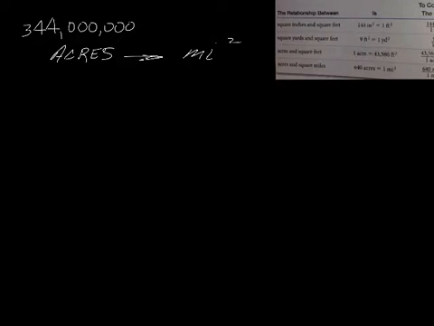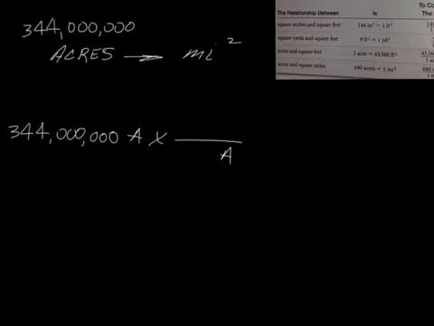So again, we're going to write 344 million, and I'm going to just use the letter A for acres. I'm going to make my times sign, and I'm going to draw my line. And I'm going to put my A for acres on the bottom. Now the question is, do I know any kind of a relationship between acres and miles?